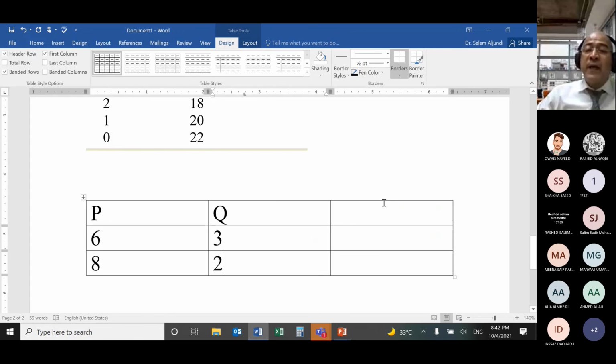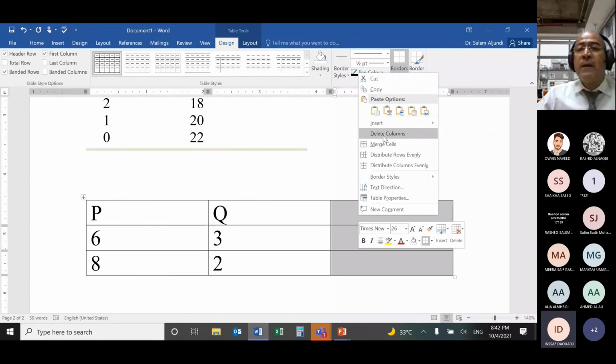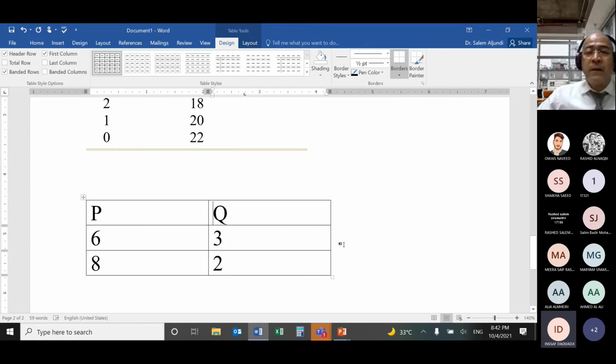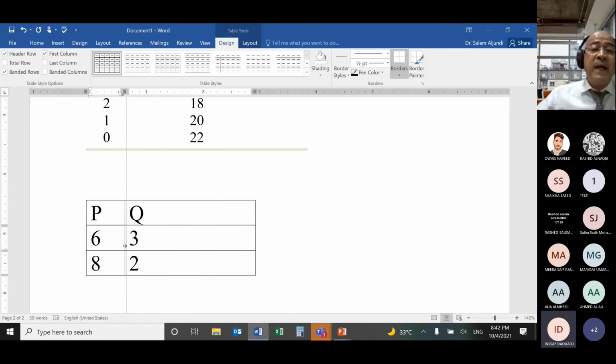Calculate the elasticity. Sir, for the first one, I got 0.5. I don't know if this is right or not.